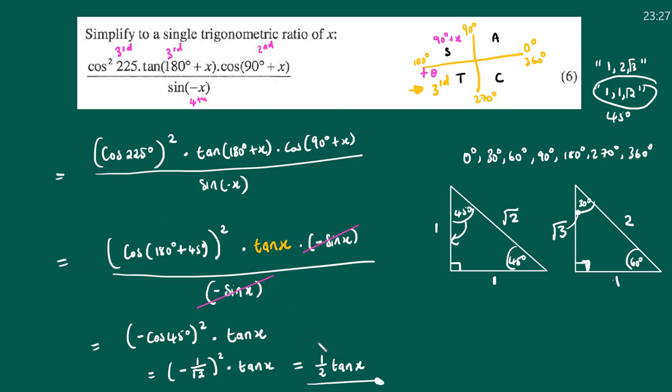Alright, so just to recap, I'm going to list all the methods that we're going to use. Very, very simple methods. Number one, remember, identify the quadrants first. Then after identifying the quadrant, if there is any squared, use brackets.